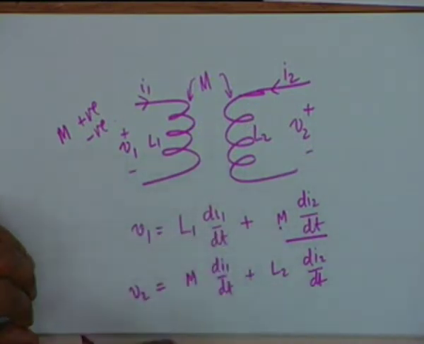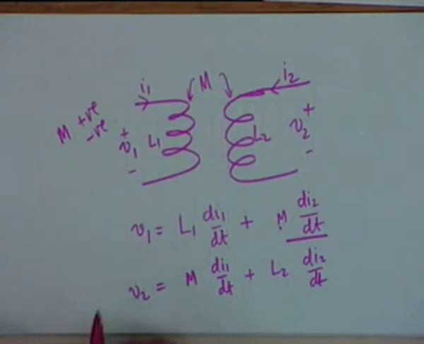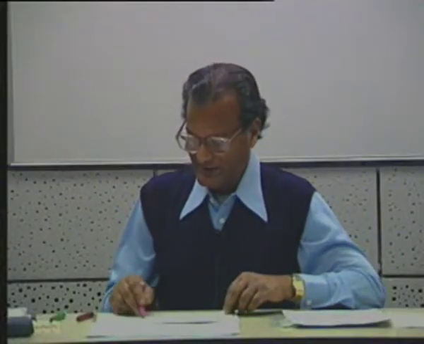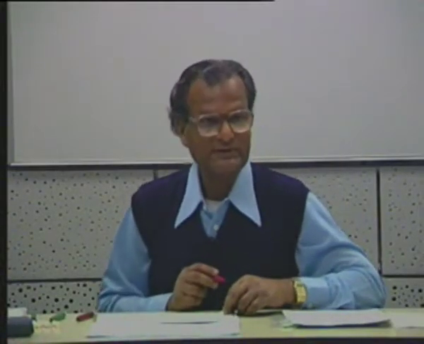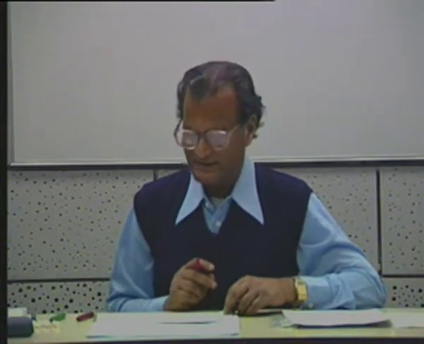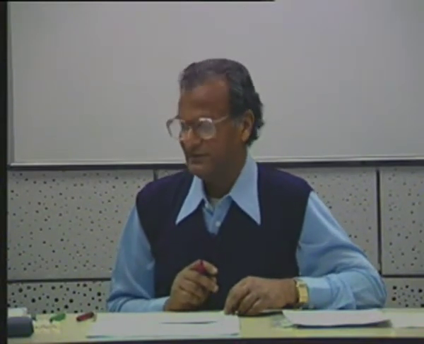We will have more to do with this later, but at the present moment, look at these two relationships and tell me, if the excitation was sinusoidal, how would these relationships change?